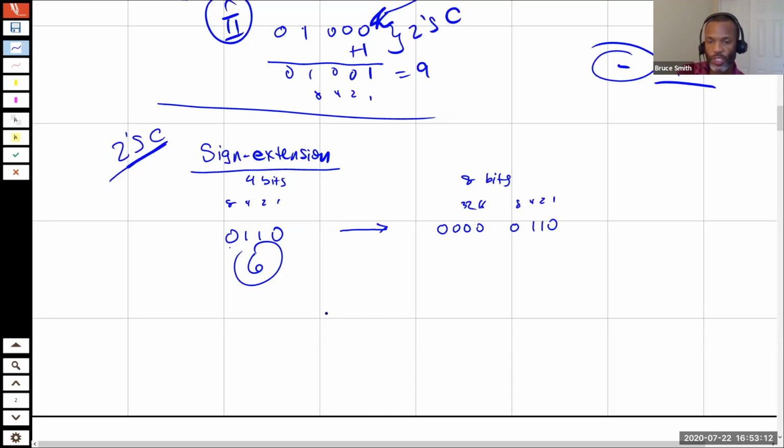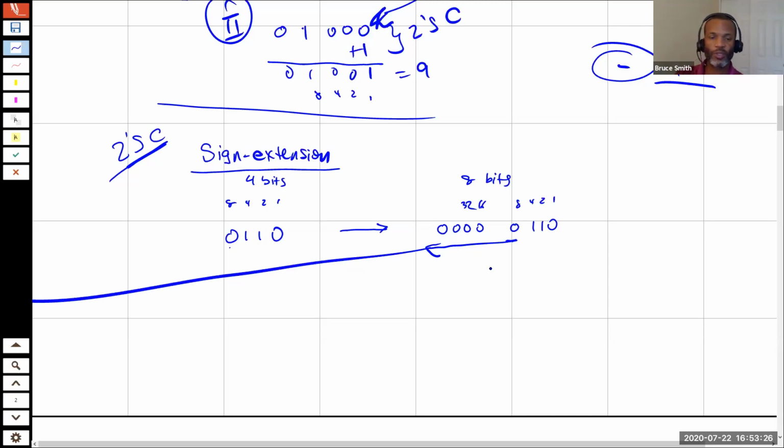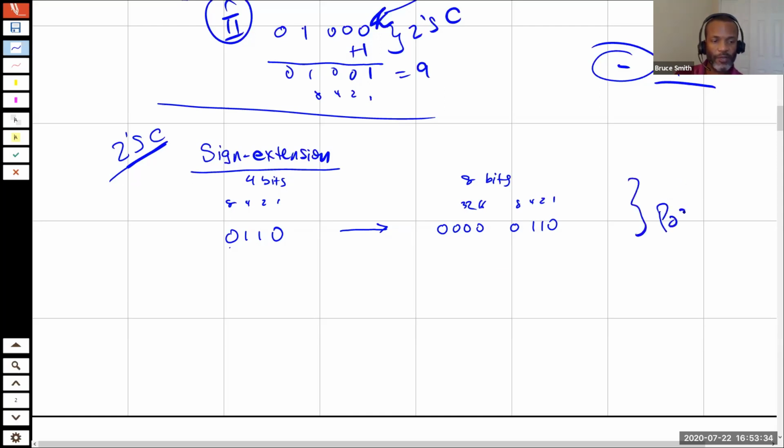Sign extension, let's erase this, is just about taking the 0 that's here, and I can make it 8 bits, I can make it 32 bits. You just continue writing more zeros and it doesn't change the magnitude. So sign extension for positive values is pretty straightforward. You just take the 0 and write more zeros.